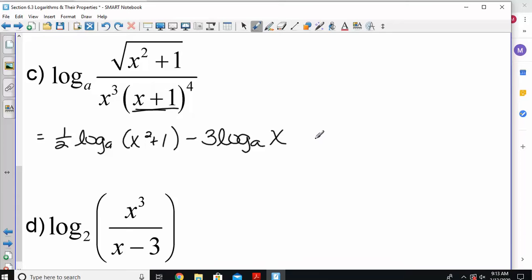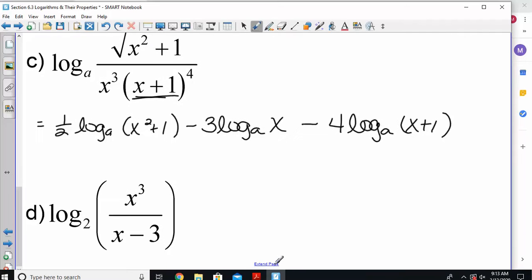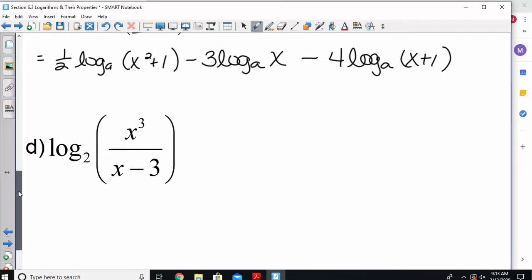This is also on the bottom, so it also gets a minus. 4 comes down, log base a of x plus 1.